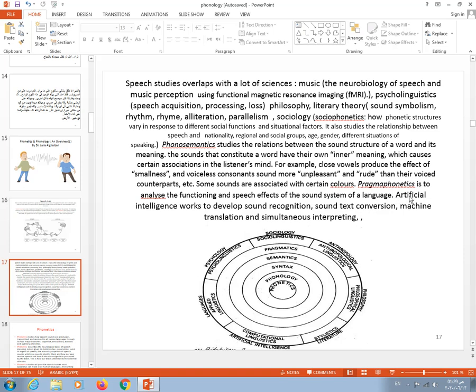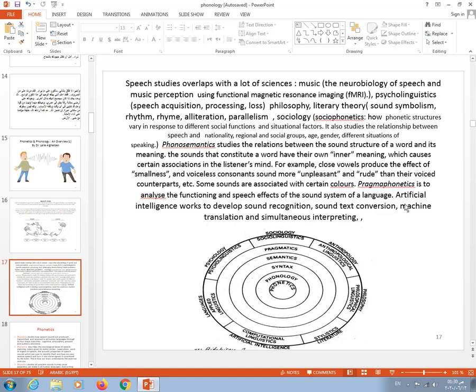And pragmaphonetics analyzes the functioning and speech effects of the sound system of language, how phonetic tools allow us to color our speech in order to achieve certain aims and goals within certain social and communicative contexts.